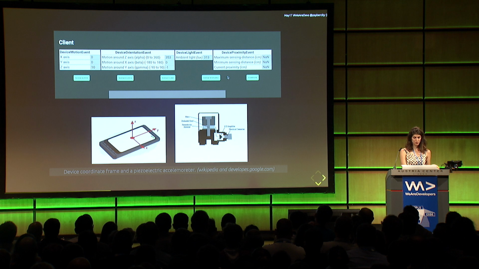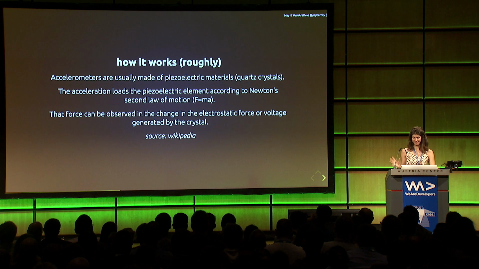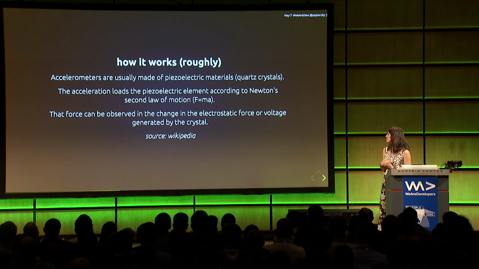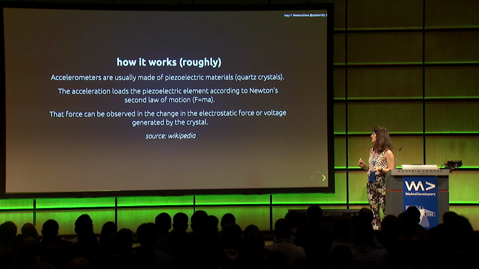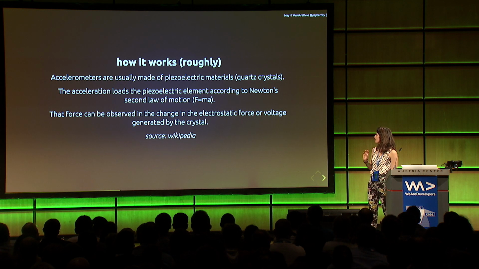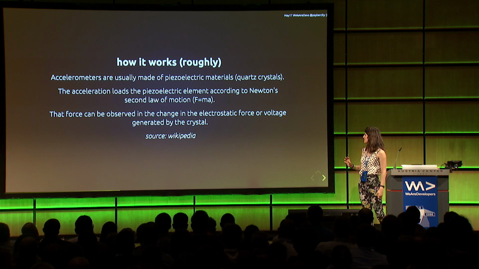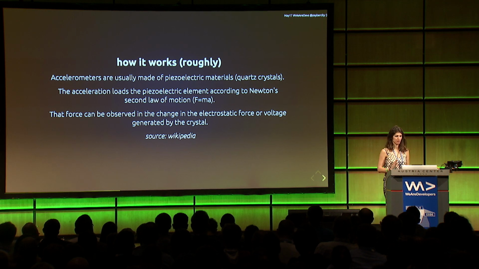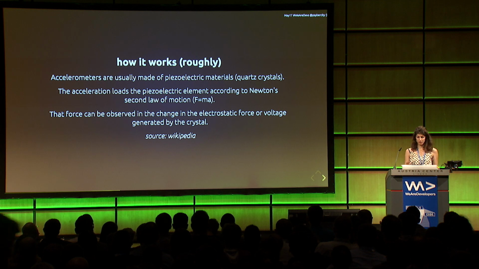So how do accelerometers work? Roughly, obviously. Accelerometers are usually made of piezoelectric materials. Piezoelectric materials are materials whose charge changes as they are pressed or moved. These are usually quartz crystals.